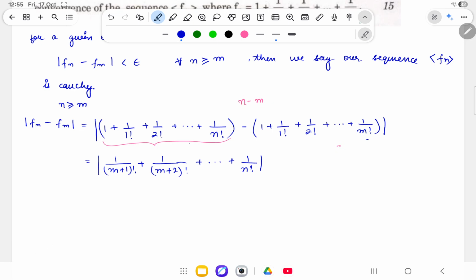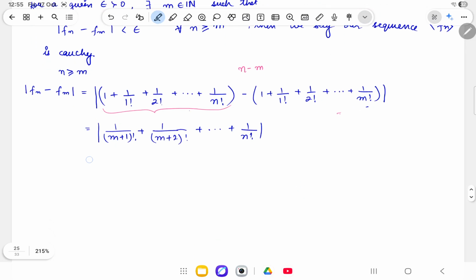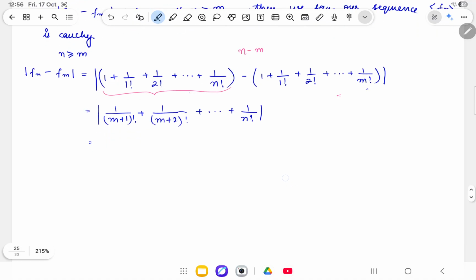Let's see how we proceed further. Since all these values are positive, there is no point in adding a modulus sign, because the absolute value will be equal to this only: 1 by (m plus 1) factorial plus 1 by (m plus 2) factorial up to 1 by n factorial.